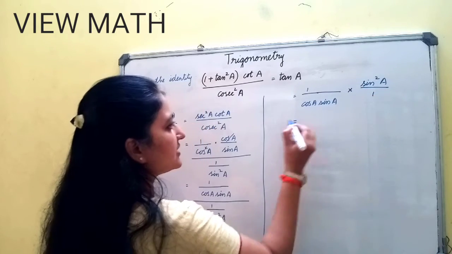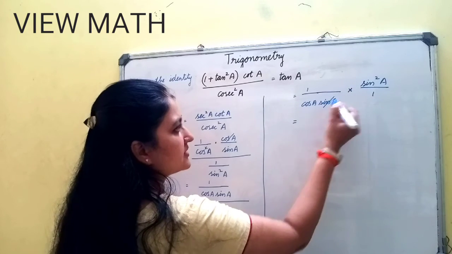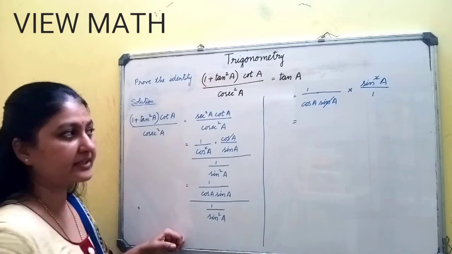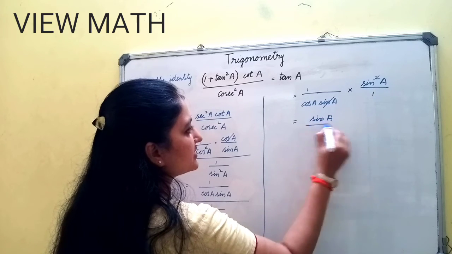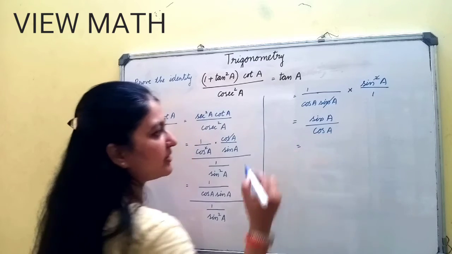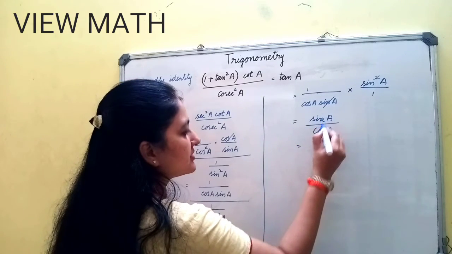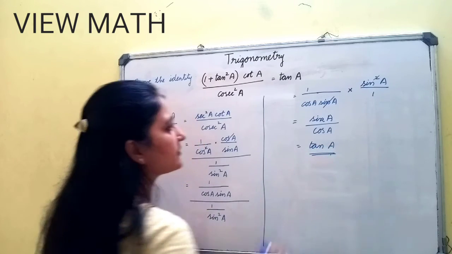Now you can see here sin A and sin square A can cancel. So I will be left over with 1 sin A in the numerator and cos A in the denominator. You know that sin A by cos A is tan A, hence proved.